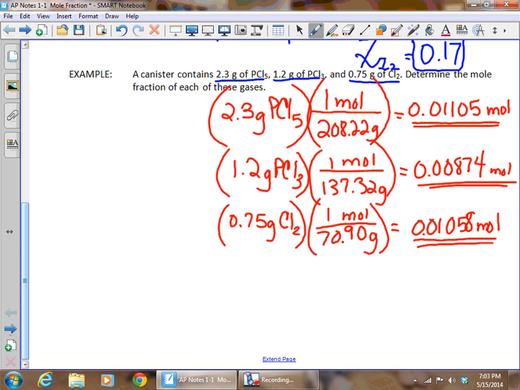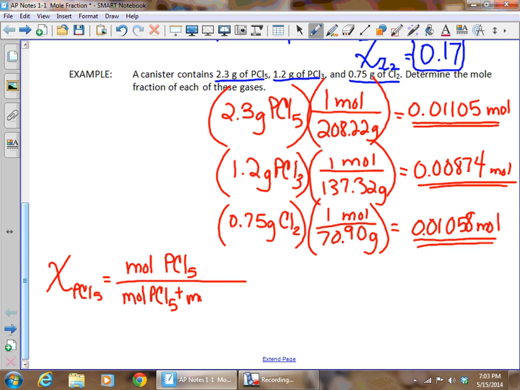And now we simply need to do a calculation for each one of these to get our mole fraction. So our first one, PCl5: the mole fraction of PCl5 is going to be the moles of PCl5 divided by the moles of PCl5 plus the moles of PCl3 plus the moles of Cl2, all of the moles. And we won't have to write this out every single time, but we are going to for this first one.